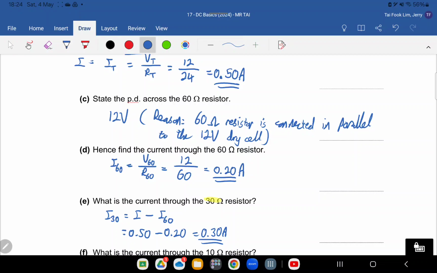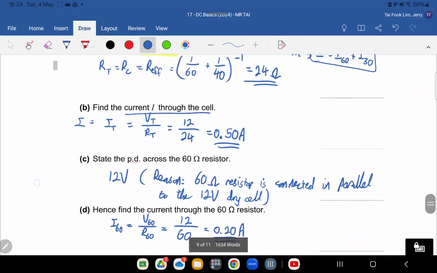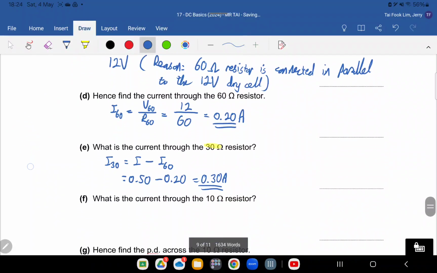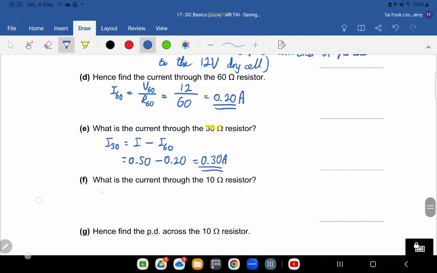What is the current in the 10 ohm resistor? Next part F. Current in the 10 ohm resistor, I30 is the same as I10. So I30 equals I10. So current in the 10 ohm resistor is the same as current in the 30 ohm resistor, which is 0.30 amperes.